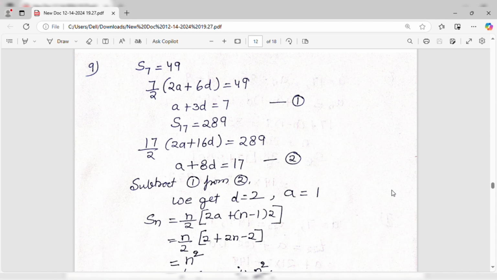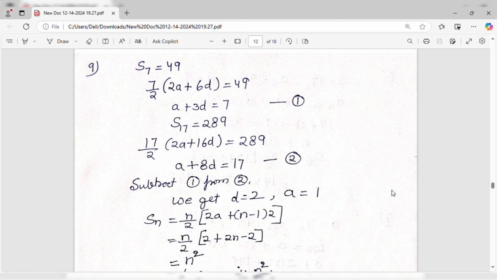Question number 9. If the sum of the first 7 terms of an AP is 49 and that of the first 17 terms is 289, find the sum of the first n terms. In this, Sn is provided two times, one for 7 terms and the other for 17 terms. So we will get two equations by using the formula of Sn. The first equation would be a plus 3d equals 7 and the second would be a plus 8d equals 17.